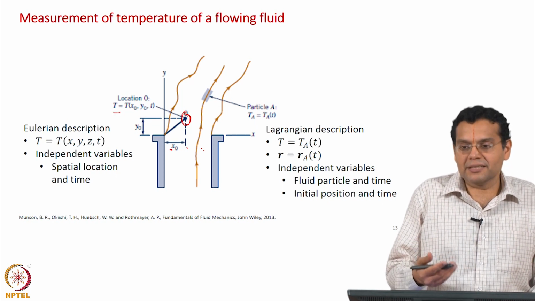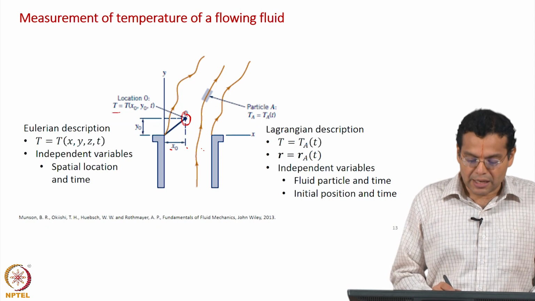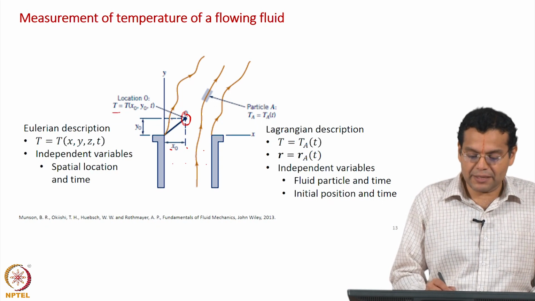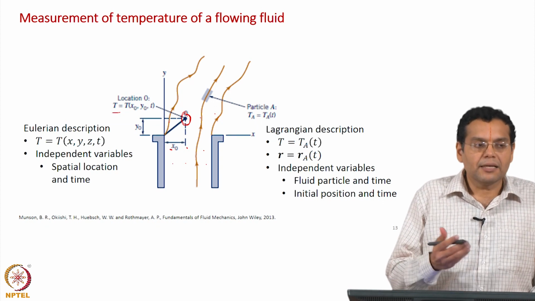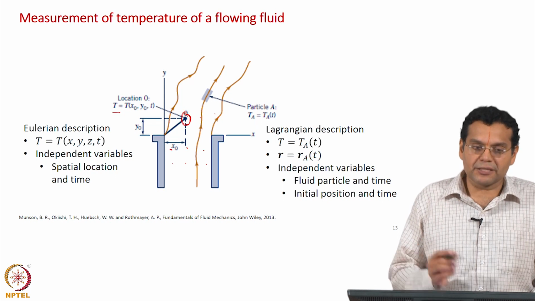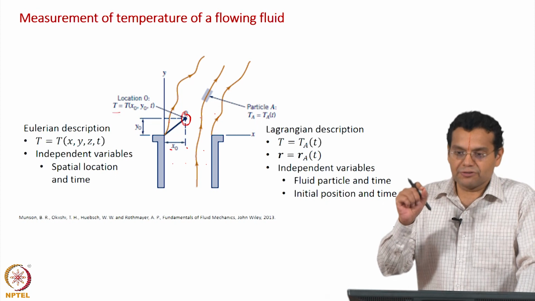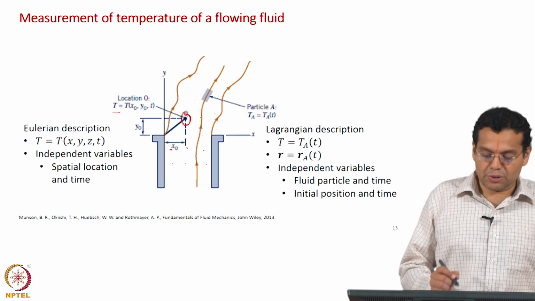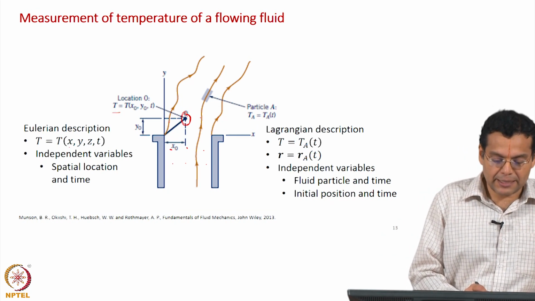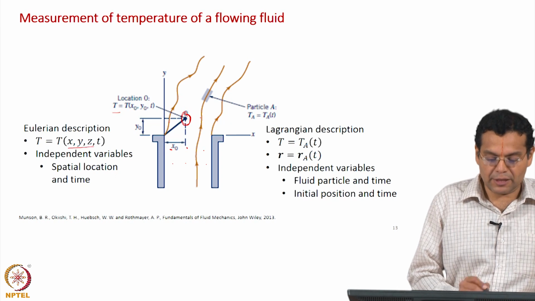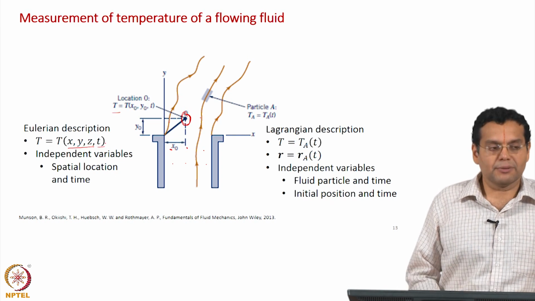For simple imagination, you can imagine a thermometer kept at different locations in this region, measuring the temperature at different spatial locations. So, the position of measurement is fixed and then you are measuring the temperature as a function of spatial location and time as well.